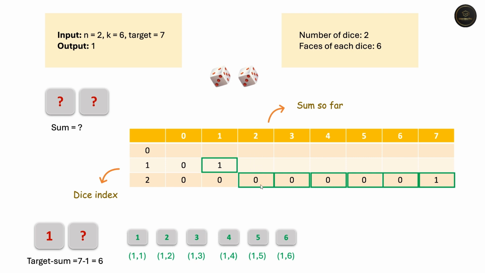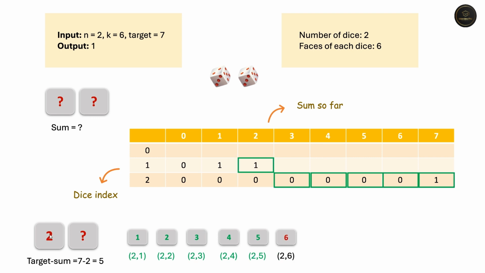And what are the possible combinations for the sum 2 that we got so far? 0. If I add face 2 to the previous sum, what would be the current sum? 3. And what are the possible combinations available? 0. Same for 4, 5 and 6. Now, if I add the face value 6 to the previous sum 1, it would be 7. So what are the possible combinations that I have? 1. So if we add all these possibilities, the output would be 1.